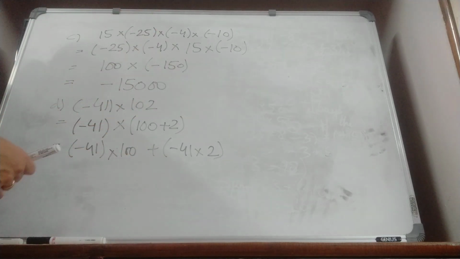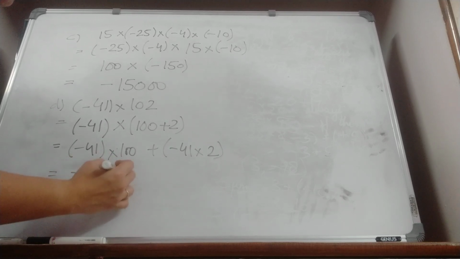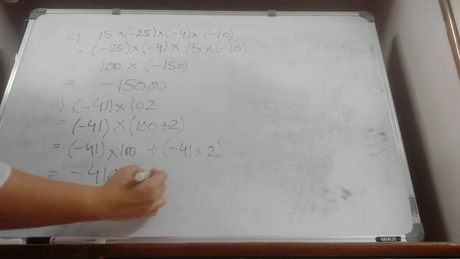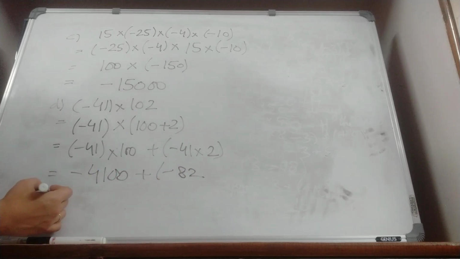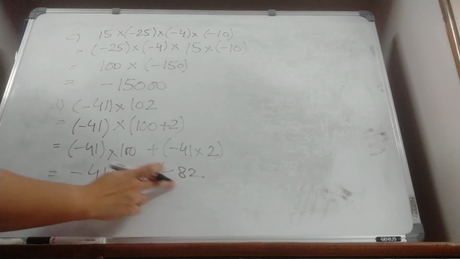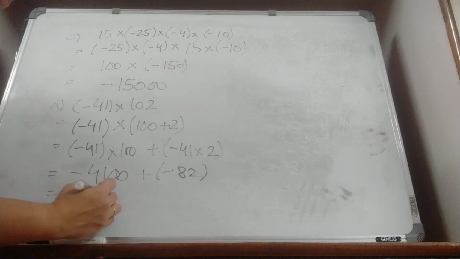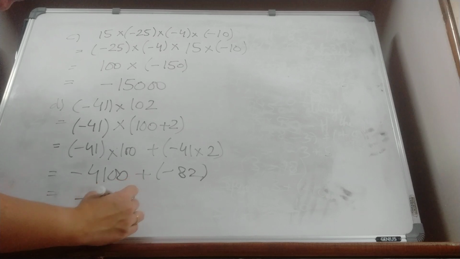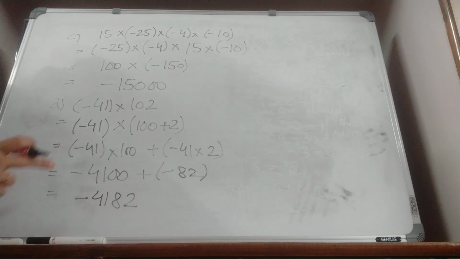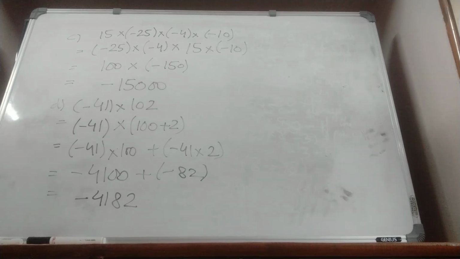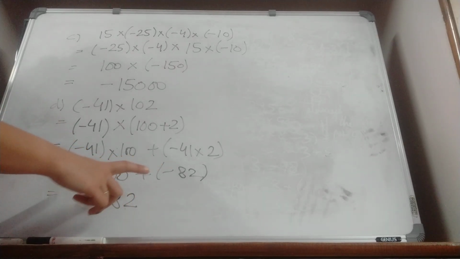add up. So this will become minus 4100 plus minus 82, which is, now these are two negative numbers being added up, so you will add them and put the negative sign. Now please do not confuse that here there are two negatives so it will become plus. That is only in case of multiplication that I told you.